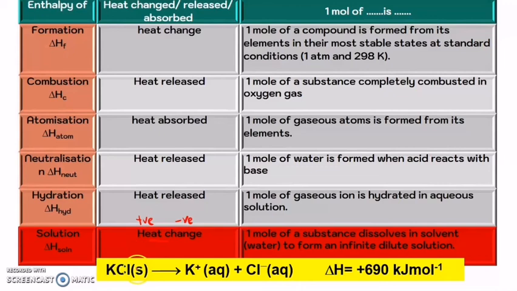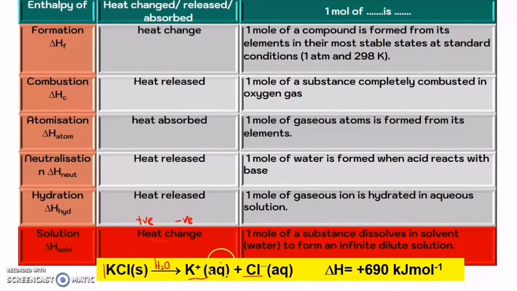The 1 mole must be for KCl because it is the substance that is going to be dissolved in solvent. When KCl solid dissolves in water, it will form KCl aqueous. Actually KCl aqueous is in the form of K+ aqueous and Cl- aqueous. This one we call the thermochemical equation involving the enthalpy of solution of potassium chloride.